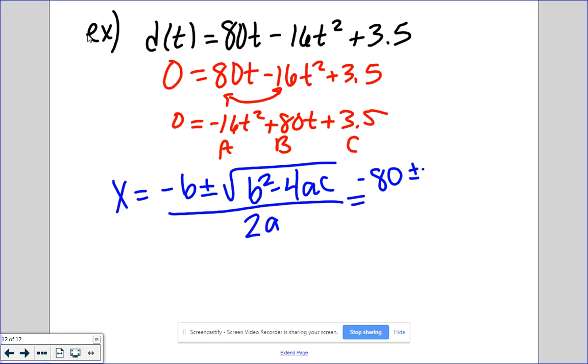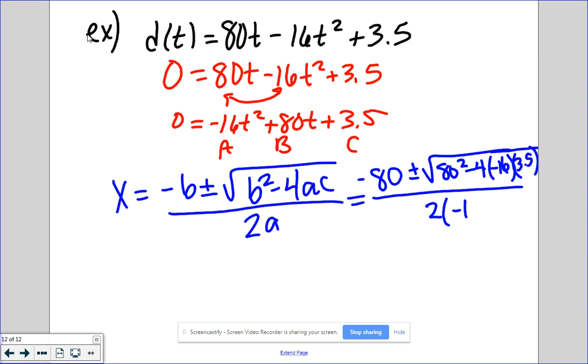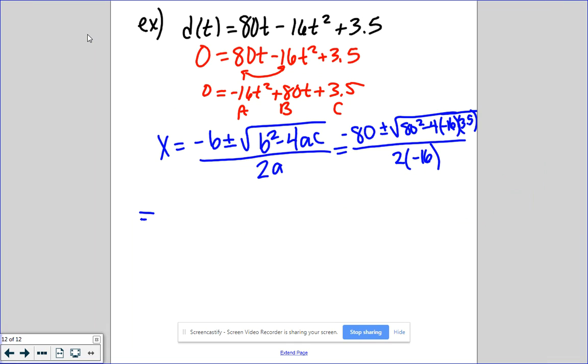Negative 80 plus or minus the square root of 80 squared minus 4 times negative 16 times 3.5, all divided by 2 times negative 16. Everybody with me so far as where I got those numbers? Okay. For sake of time, I'm just going to keep working.